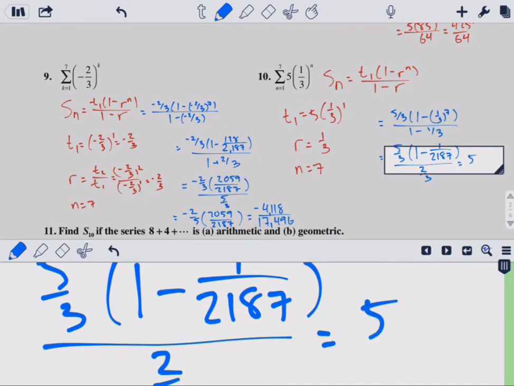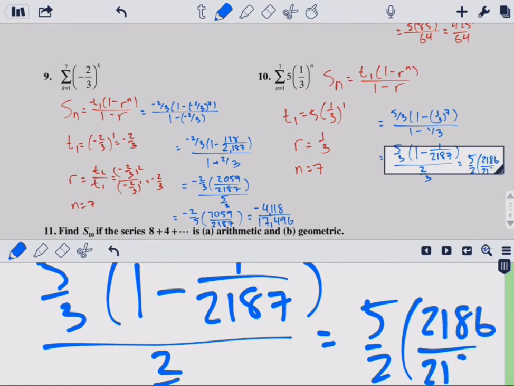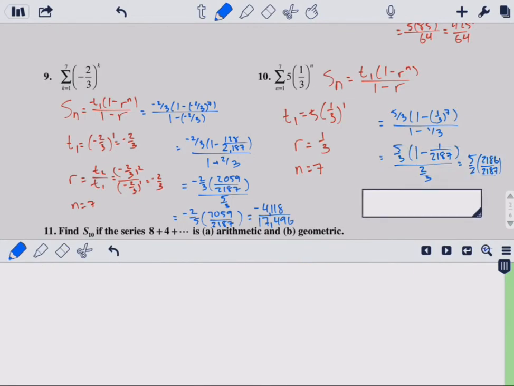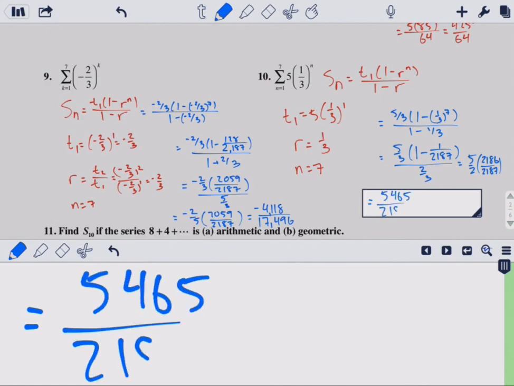That gives me 5/2 times 2186 over 2187. And the 2 will go into that top piece, so 2186 divided by 2 is 1093 times 5 gives me 5465 divided by 2187. And we'll stop there for this video.